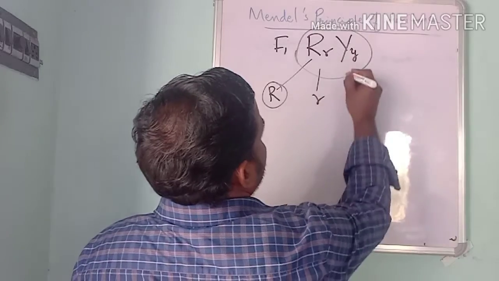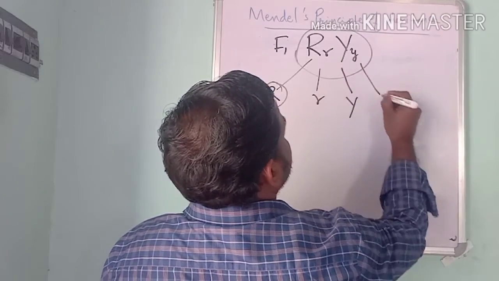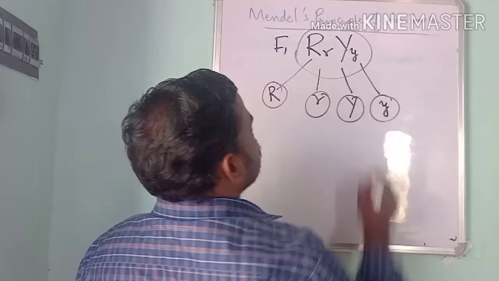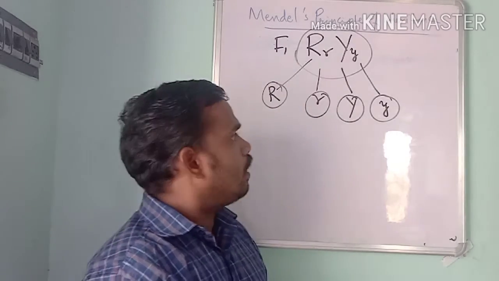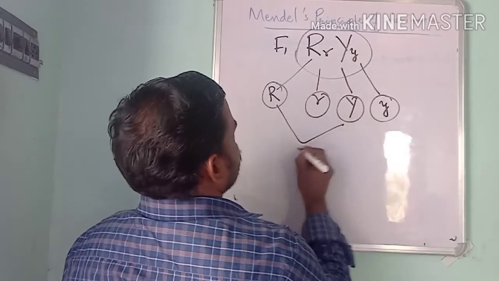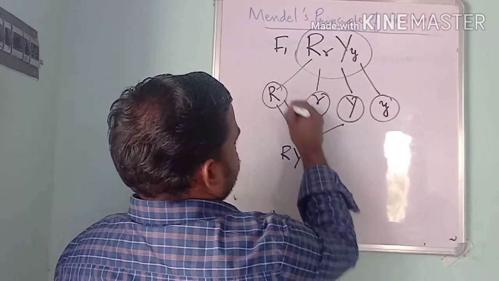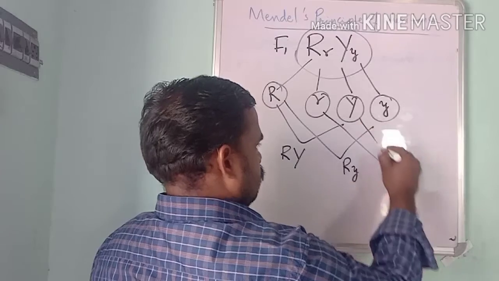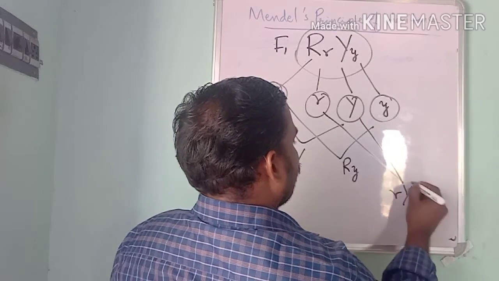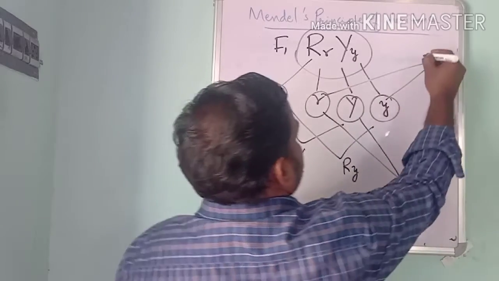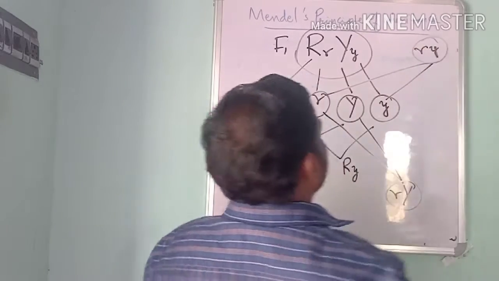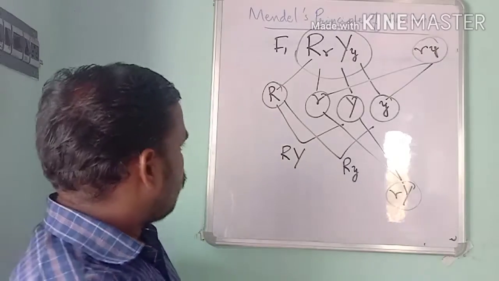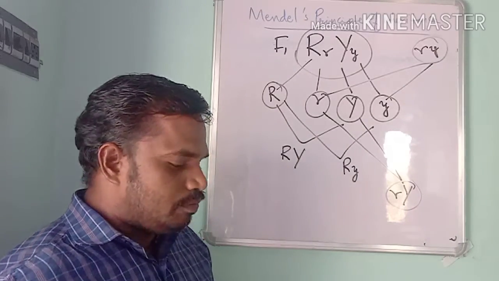They separate out and randomly reunite. So what are the possible gametes? Four types of gametes are formed. We can have RY, Ry, rY, and ry. These are the four possible combinations.